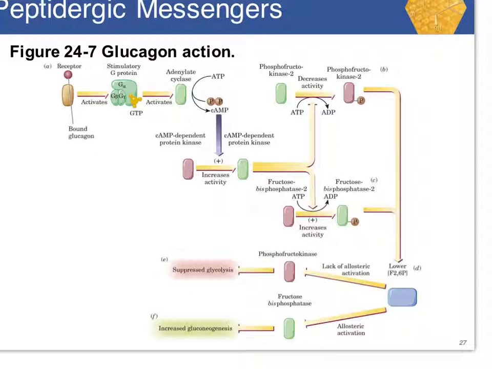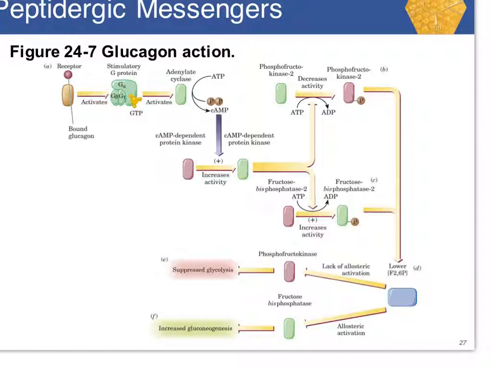So, in short, what that means is increased gluconeogenesis means glucose is produced and glycolysis uses it. Also, by turning on gluconeogenesis and turning off glycolysis, the liver produces more glucose for the blood.